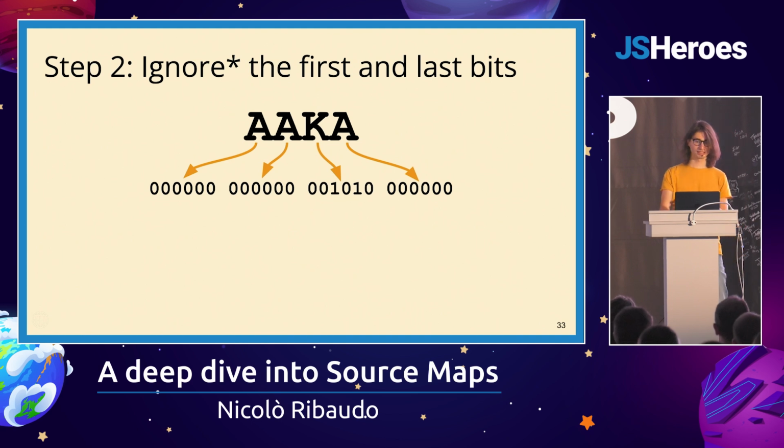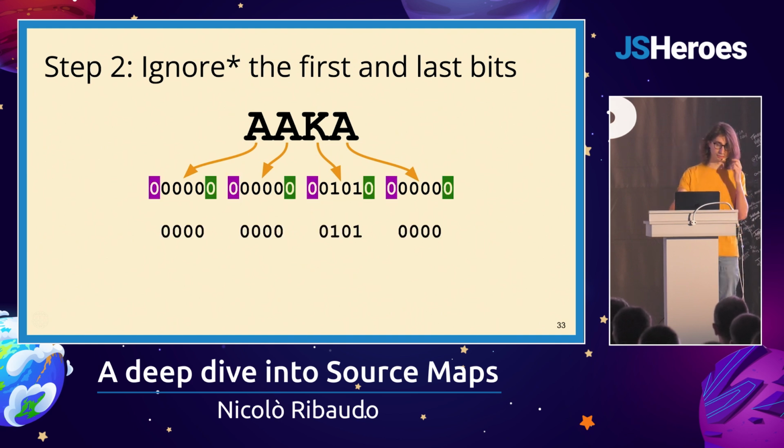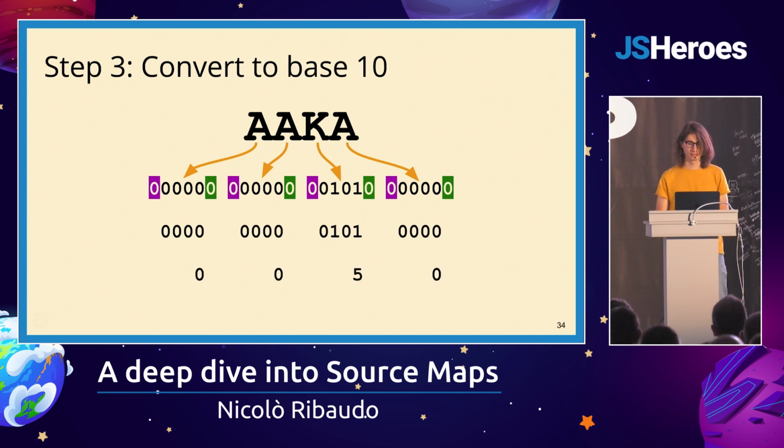Well, we start by ignoring the first and last bits from every byte. So our source map here is actually encoding this 0, 0, 0, 0, 0, 0, 0, 0, 0, 1, 0, 1, and so on. We convert this to base 10, and this is actually where the information starts making sense. 0050, well, still doesn't help us much.